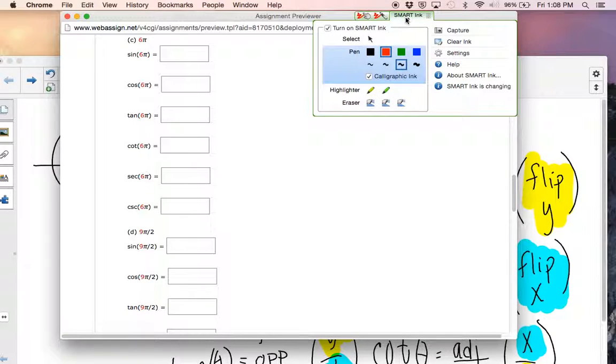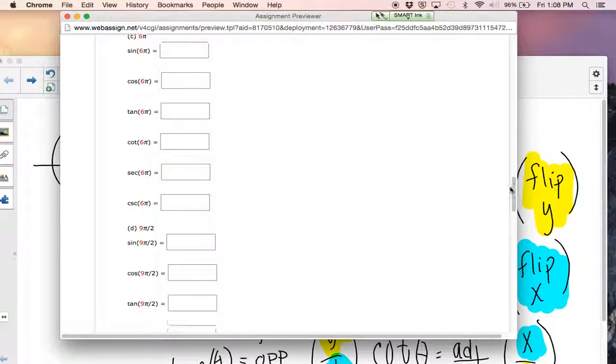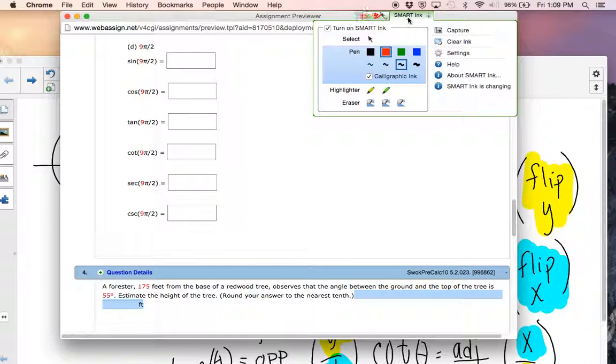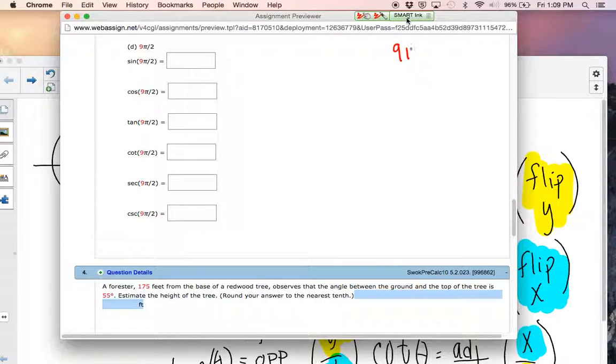Now the last one, part D, this is the hardest one here. So for me, if I have a hard time figuring out where an angle lies, if it's in radians, then what I'll do is I just convert it to degrees so it's a little bit easier to think about. So to convert this, the pi's cancel. I know 180 divided by 2 is 90. 9 times 90 is 810.